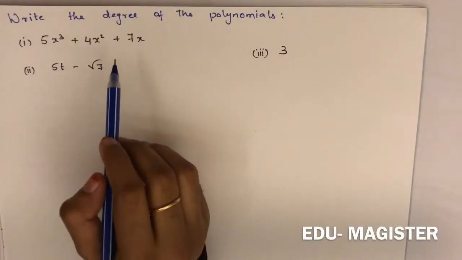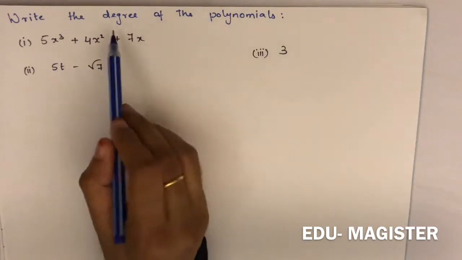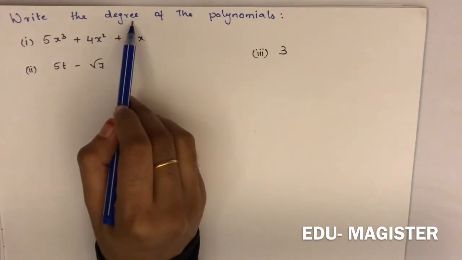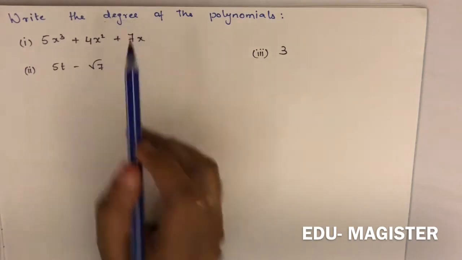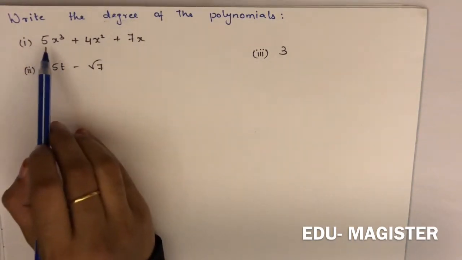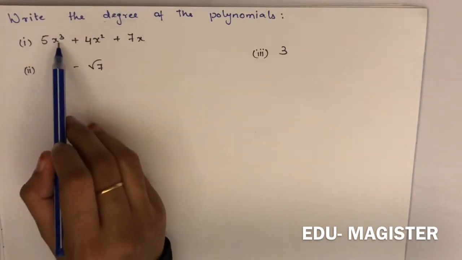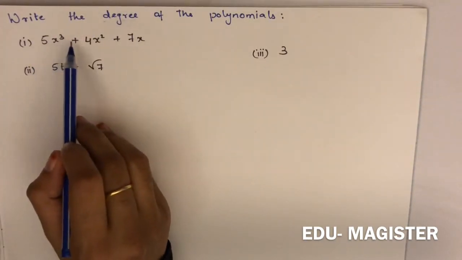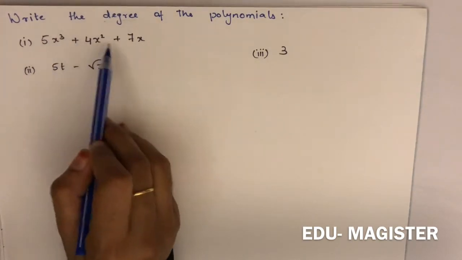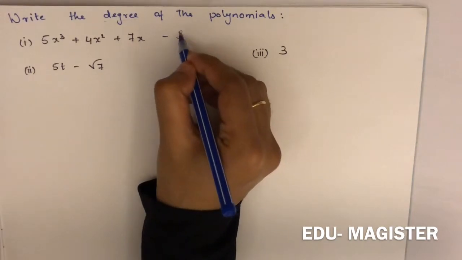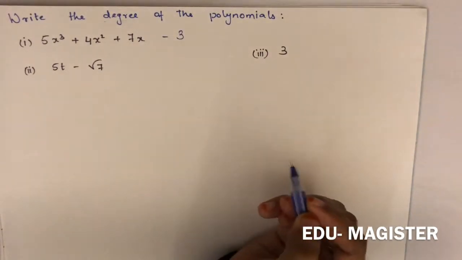Next question is to find out the degree of the polynomial. As we know, degree is the highest power of the variable in the polynomial. Here in this polynomial, the highest power of the variable is 3, so the degree is 3.